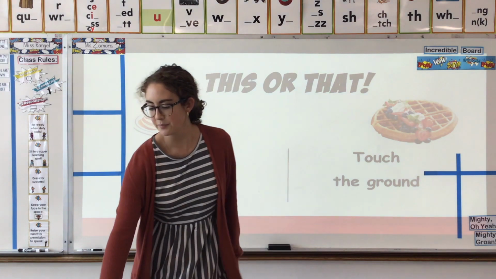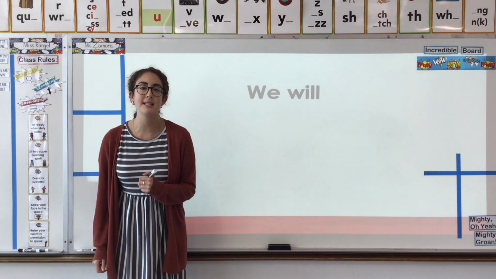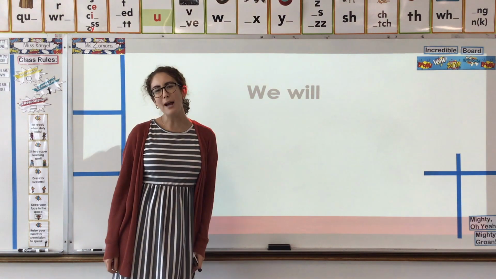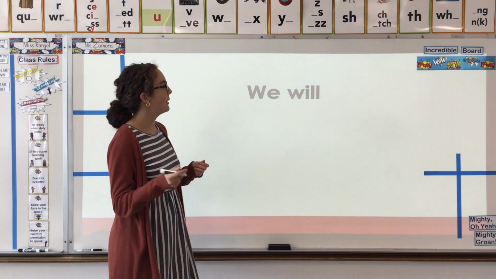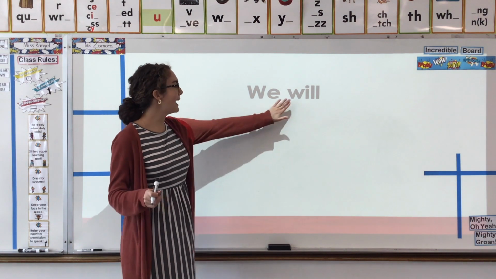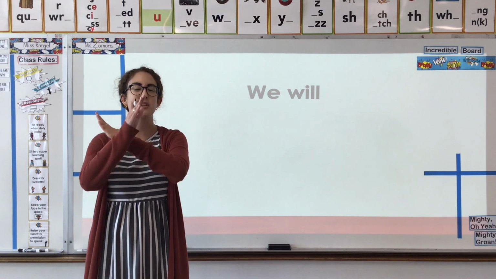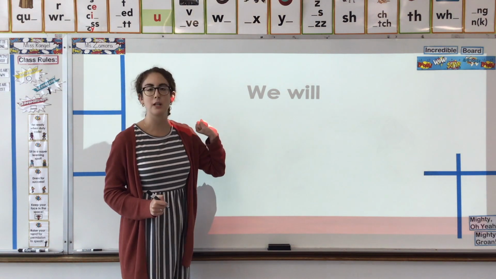So, Super Scholars, if I want to write a sentence with the words we will, but I want to write it as a contraction instead, how am I going to do that? We will. What 2 letters do I have to replace with an apostrophe if I want to write this as a contraction?